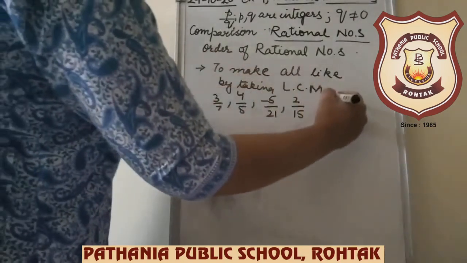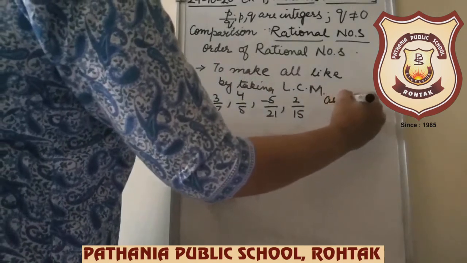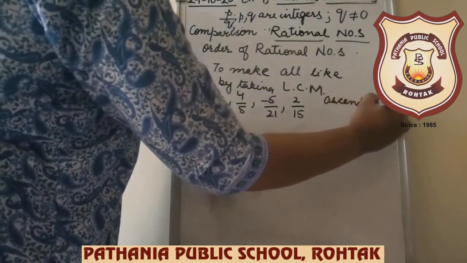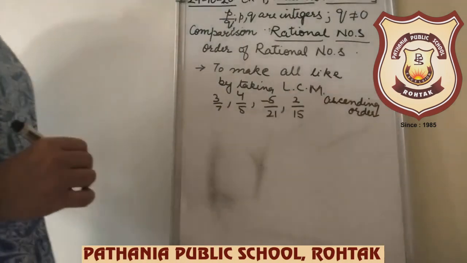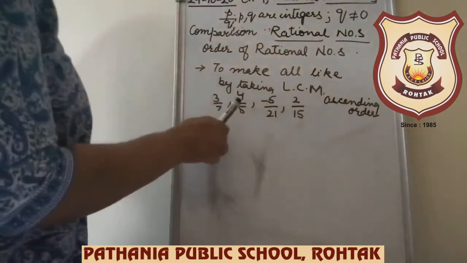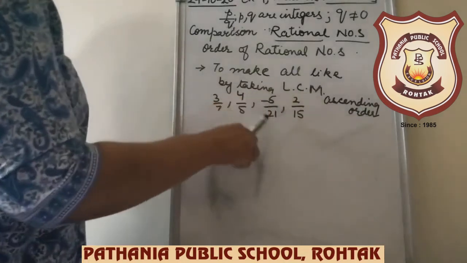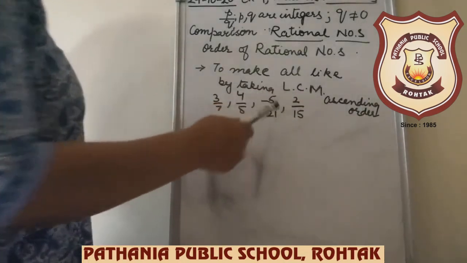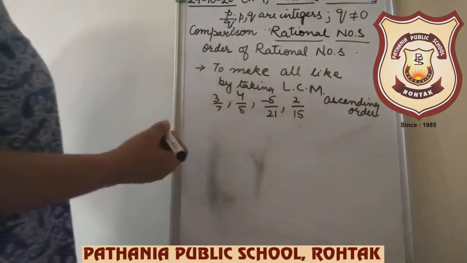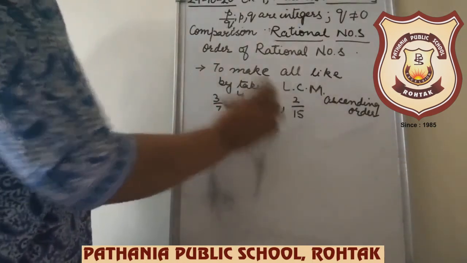If you have to arrange them in ascending order, first thing, you can see that only one negative number is there. So this is going to be the smallest one. So you can write this as the smallest one.